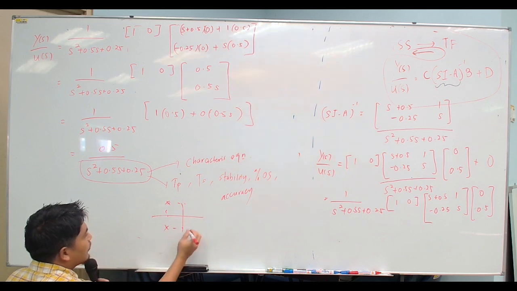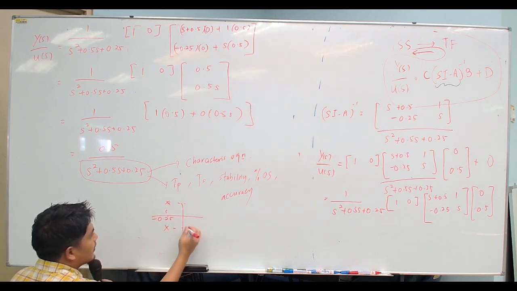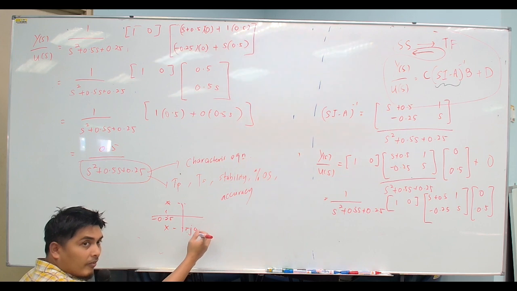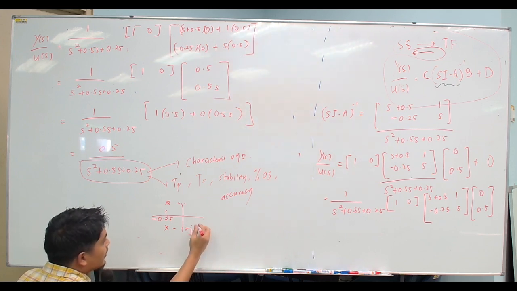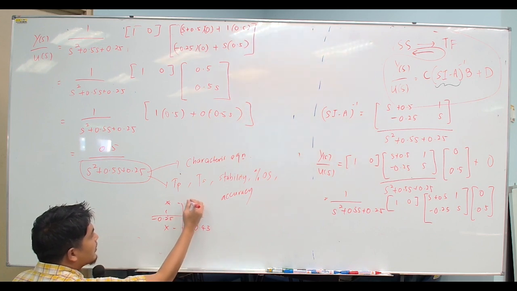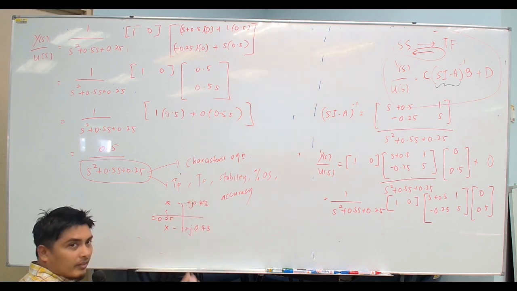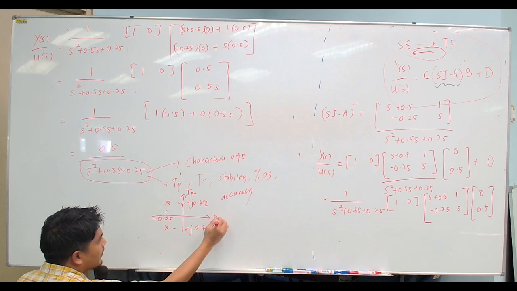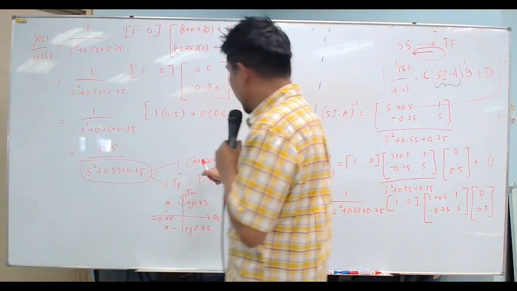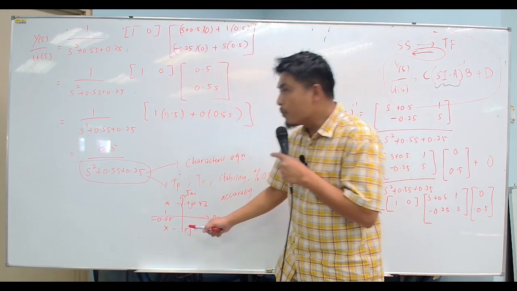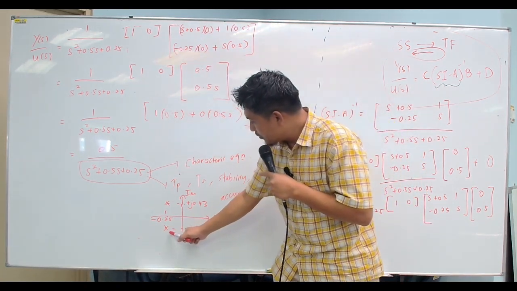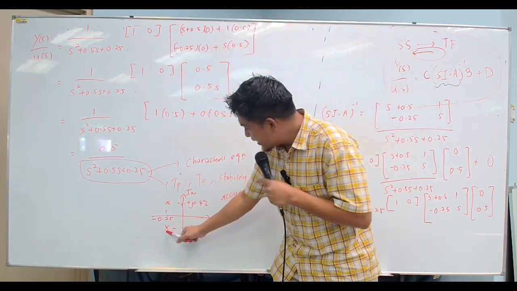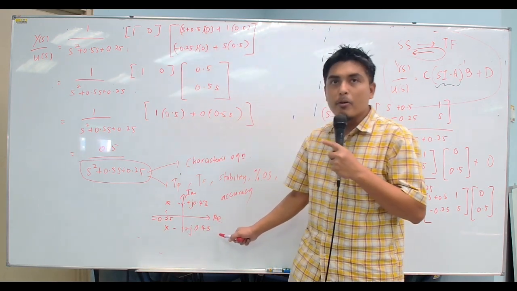There are two poles, negative 0.25 and 0.43. If you factorize the characteristic equation, you will obtain two poles. The first pole is negative 0.25 plus j0.43. The second pole is negative 0.25 minus j0.43.